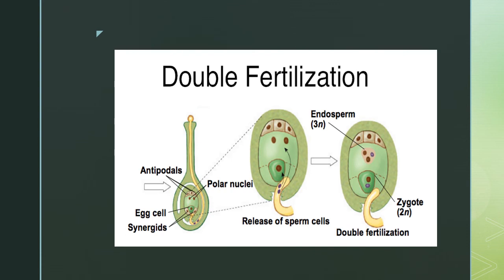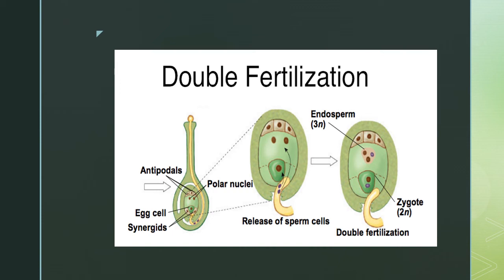What is double fertilization? Double fertilization occurs inside the embryo sac, which consists of 3 antipodal cells, 1 egg cell, and 2 synergid cells, along with the polar nuclei, which is 1 cell with 2 nuclei.